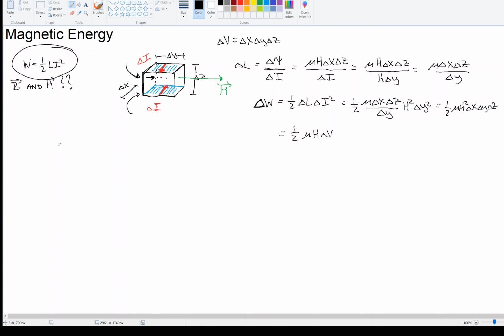So what we're going to do is define what we're going to call the magnetostatic density, just like we defined the electrostatic density at some point. And I even drew the E. I meant to draw an M there. So this is a lowercase w with a capital M subscript. This is the magnetostatic energy density.